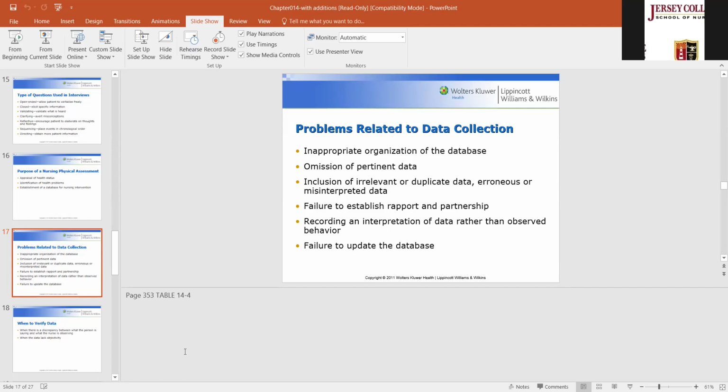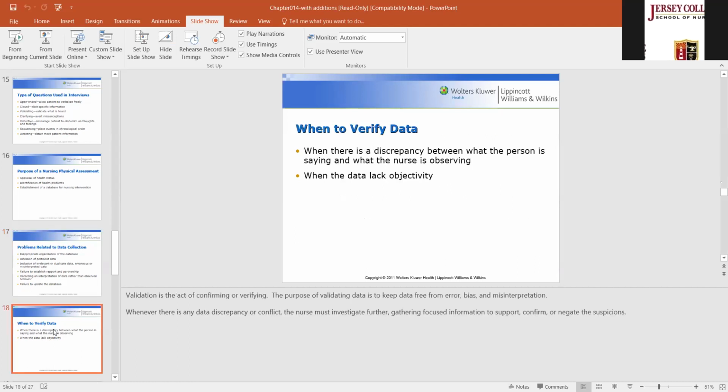If we don't do those things, then we're going to have problems with our data, and then the findings can be inaccurate and may not correlate with what's actually going on with the patient. If there's a discrepancy between what the patient's saying and what you see, or a lack of objectivity, then we have to verify that data.